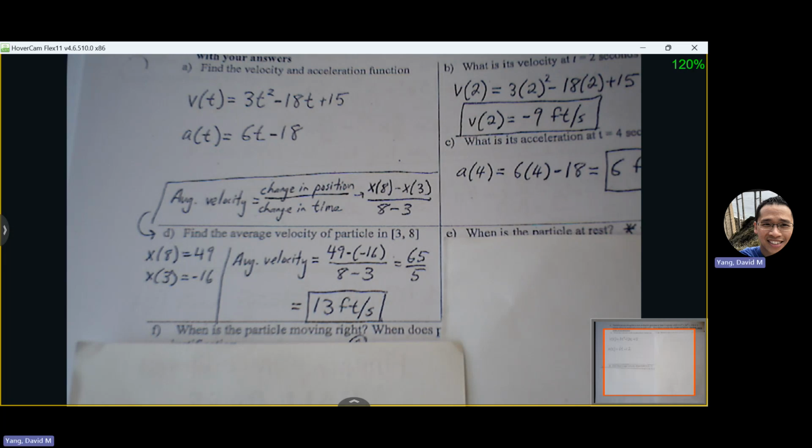Okay, part E, when is a particle at rest? What does that mean? V of t is 0. Yep, so go ahead and set your velocity equal to 0, solve for t.